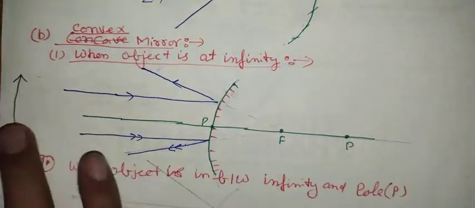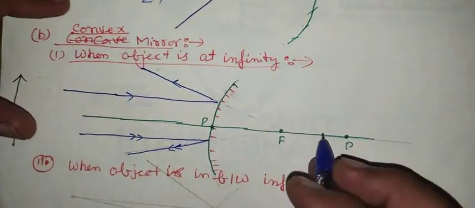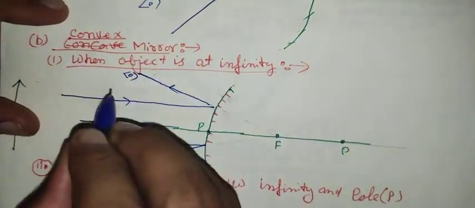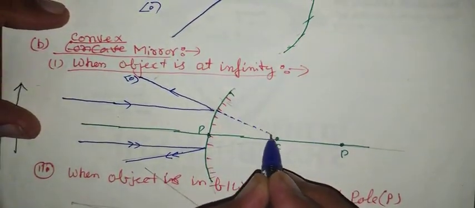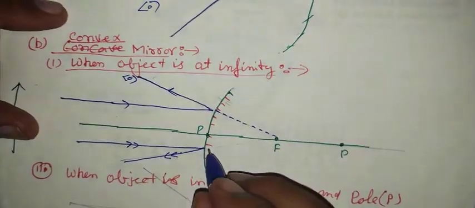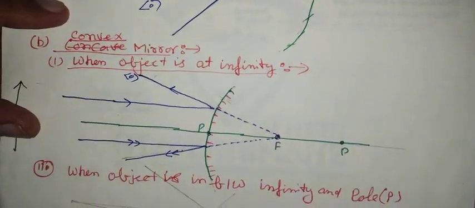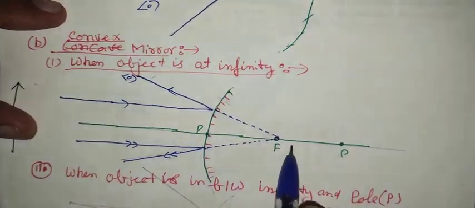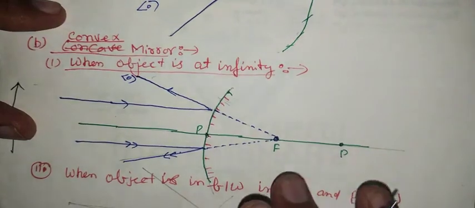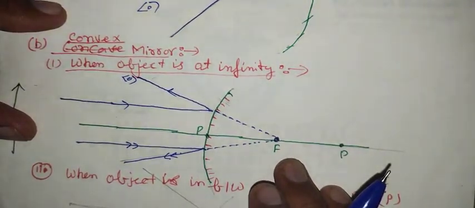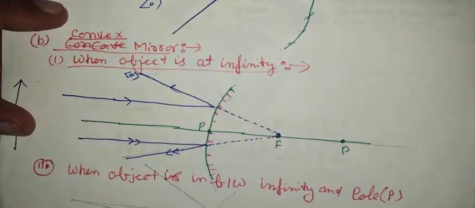So the image cannot be formed on the left hand side, but if one is observing from this side, when both reflected rays increase apart, they seem to come from the focus. So surely an erect and diminished image will be formed, very small in size, and it forms beyond the mirror.